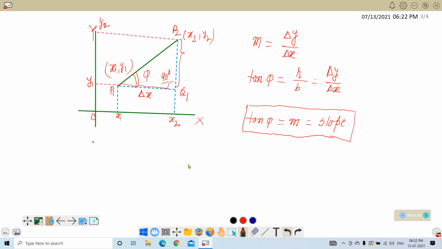The value of phi lies in between 180 degree and 0 degree.